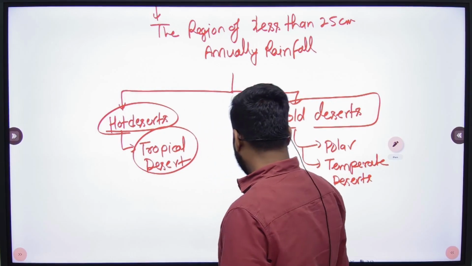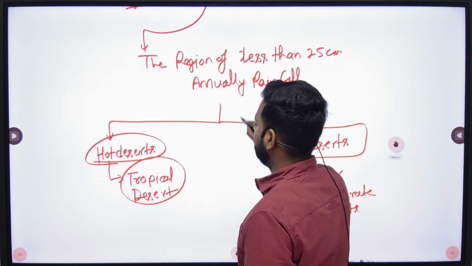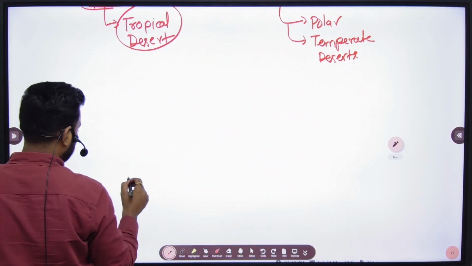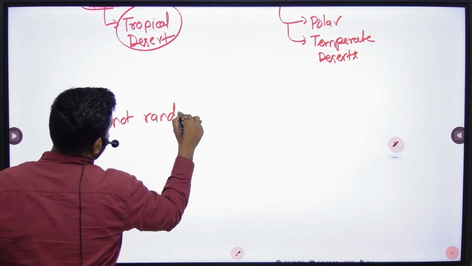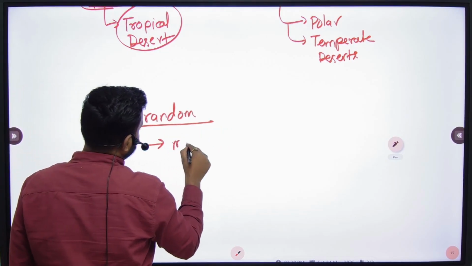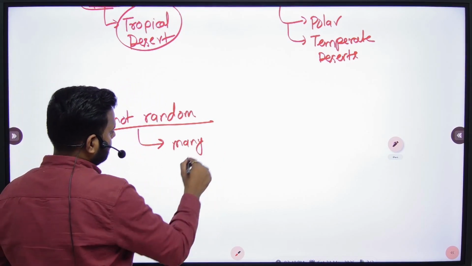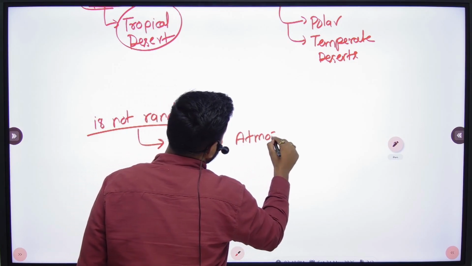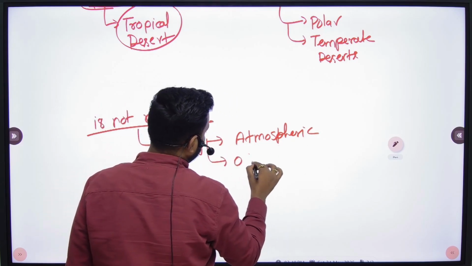Or you can start from the formation or the location of deserts. The formation and the location of deserts is not random. It is influenced by many factors like atmospheric factors, oceanic factors.